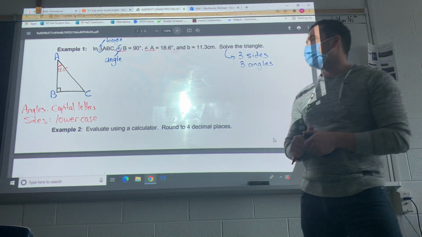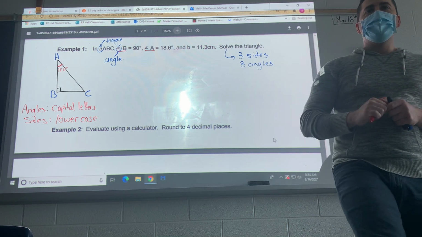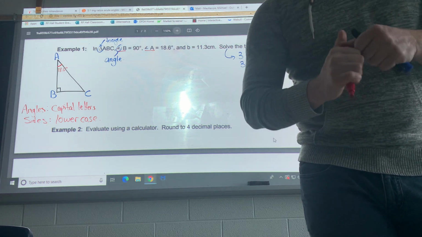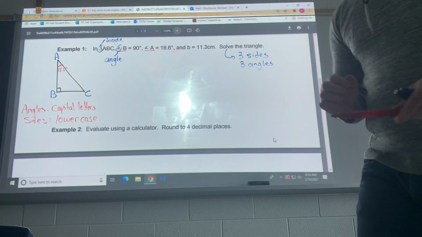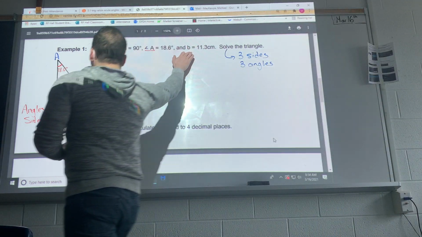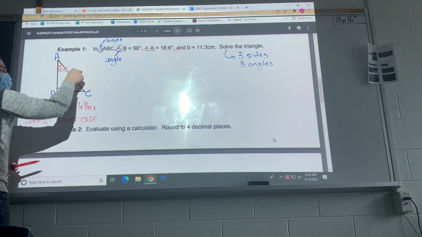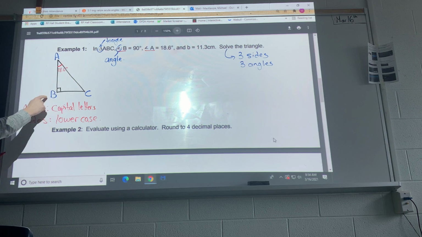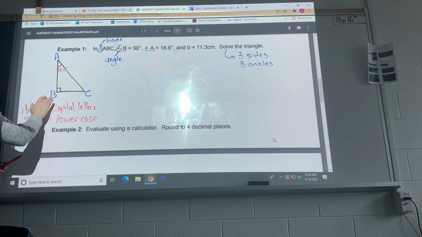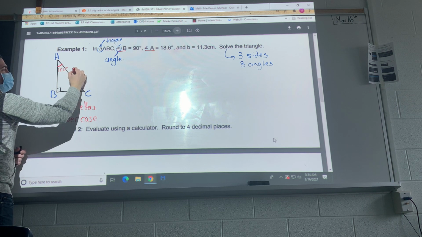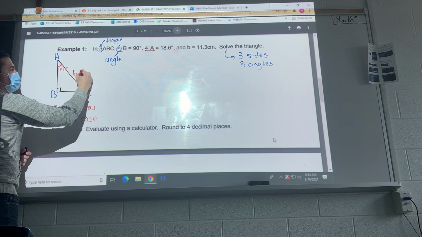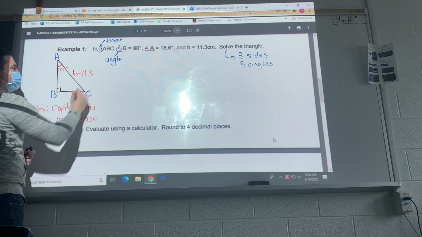Alessia, hypotenuse, okay, good. It is the hypotenuse, and how did you know that? Across from B, good, so Damiano, your side b is across from the angle B. So angle B here, then our side b is across from it. So our b is here, which is 11.30 centimeters.